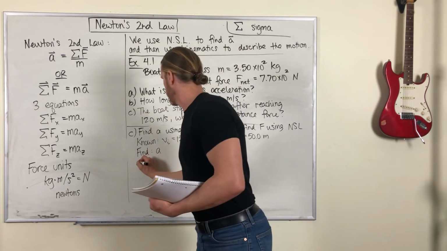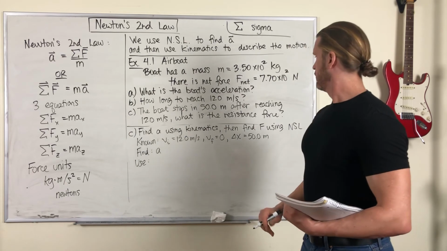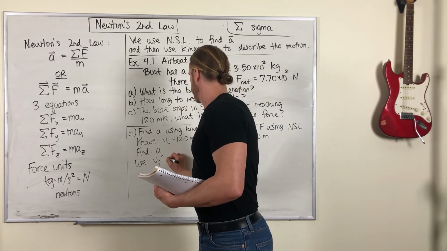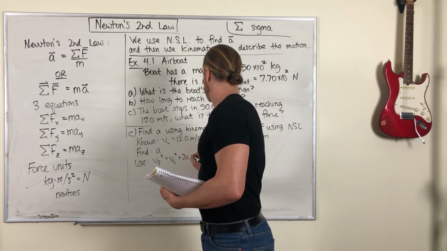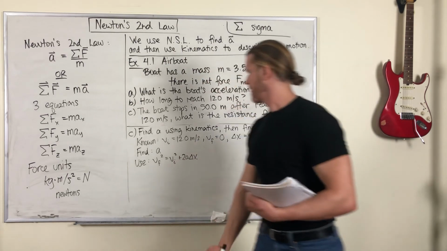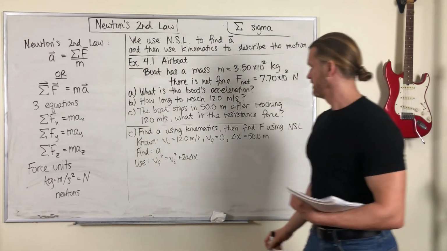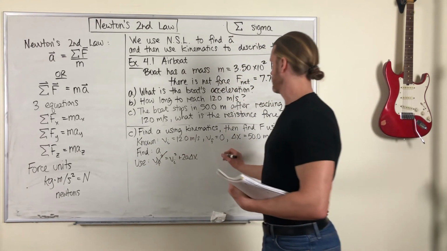So we can use, well, which equation looks good? I think this one looks the best. That one's going to do it. And V final is 0, so that term goes away.